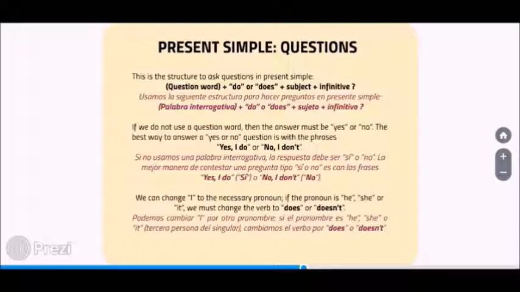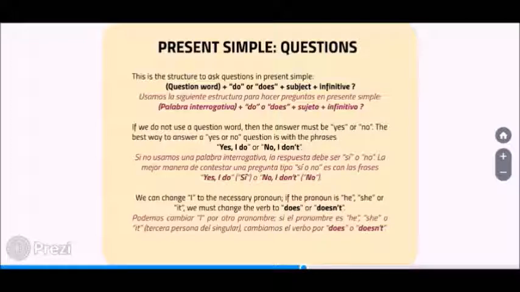This is the structure to ask questions in present simple. Question word plus do or does plus subject plus infinitive. If we do not use a question word, then the answer must be yes or no. The best way to answer a yes or no question is with the phrases yes I do or no I don't.